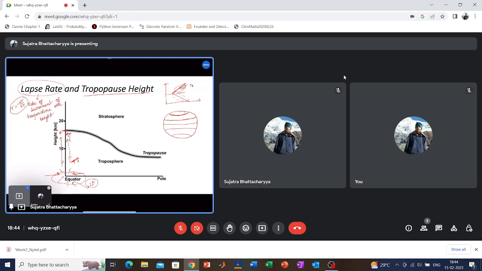So this is about 66.5 degrees north, this is 35 degrees north, this is 0 degrees, the equator, this is 35 degrees south, and this is 66.5 degrees south. So in both the poles this is a high pressure region, this is a low pressure region, this is again a high pressure region, and this is the equatorial low pressure region, again high, again low, and in this way it goes.